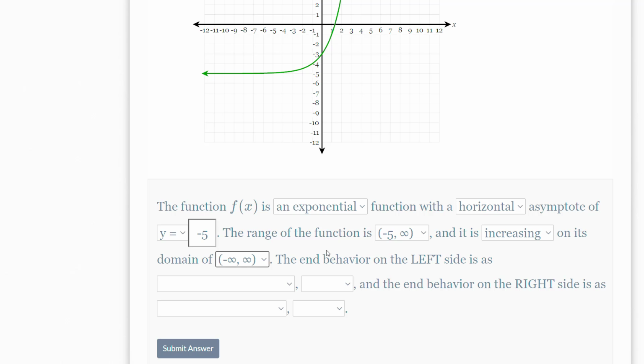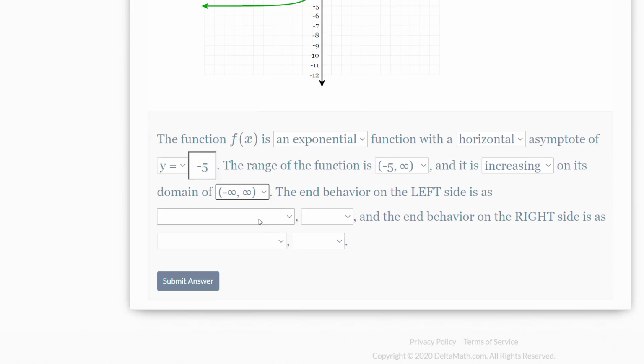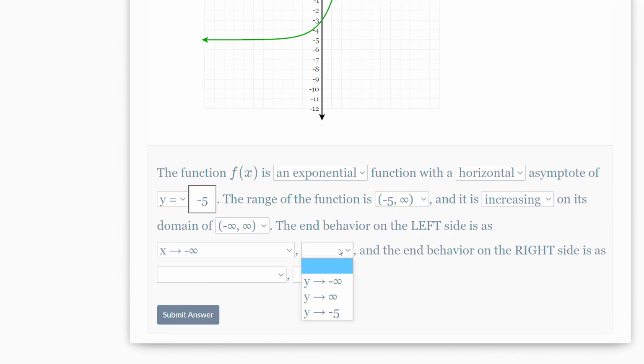And then it just wants you to do the end behavior. And that's easy as pie. The end behavior on the left side: as we go off towards the left, as x approaches negative infinity, our y values are going to hug in on -5.